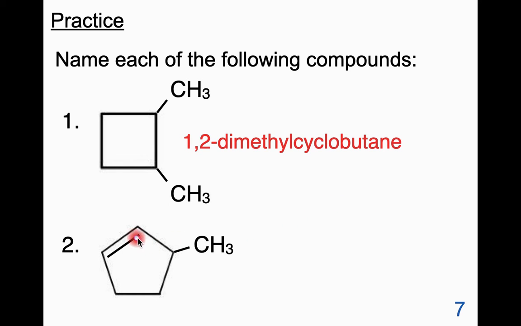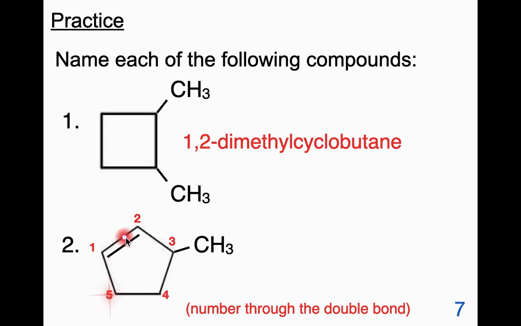Okay, now we have an alkene. We have a double bond here, so that's what's represented by that other line. Now, when we name an alkene that has a branch on it, the rule is that we number through the double bond. So we number through whichever gives us the smallest numbers.